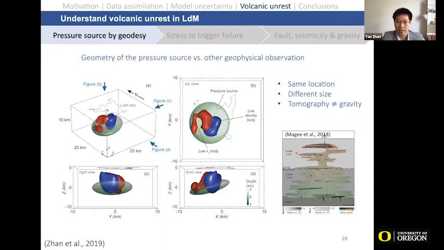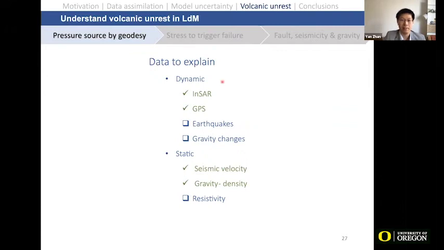It's highly heterogeneous, and different parts may have different fractions of crystal, liquid, and bubbles. Different geophysical observations are sensitive to different physical properties, so we may imagine different parts with different physical properties. So in general, we use the geodetic data to constrain the pressurized source, and this is comparable at least to the tomography and gravity data.